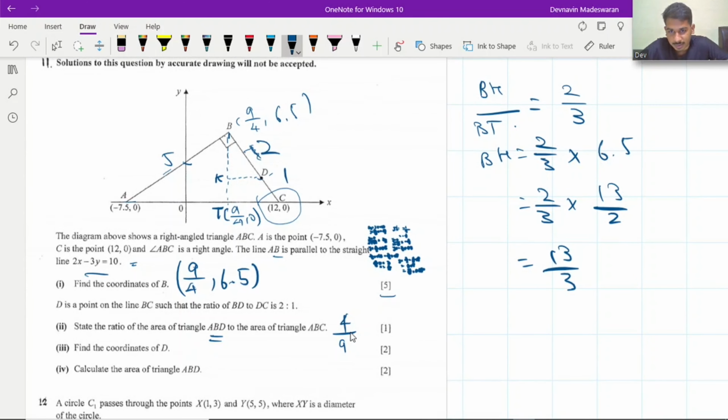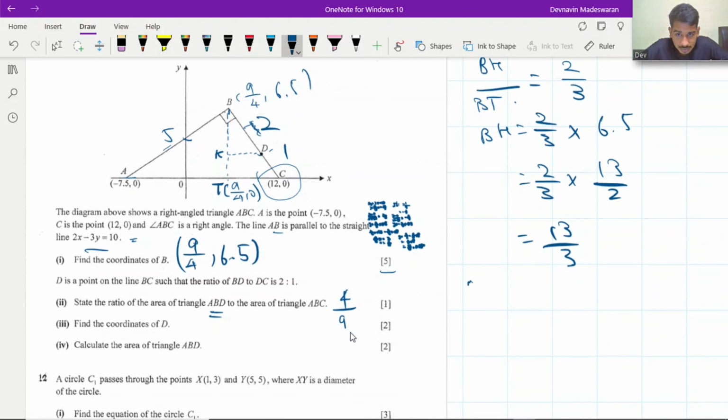So the y coordinate of D is going to be 6.5 minus 13/3. So let me take my calculator and see. 6.5 minus 13/3. It's going to be 13/6. Okay, I'm just hoping that I'm correct because it seems all like weird numbers. So it's going to be 13/6.